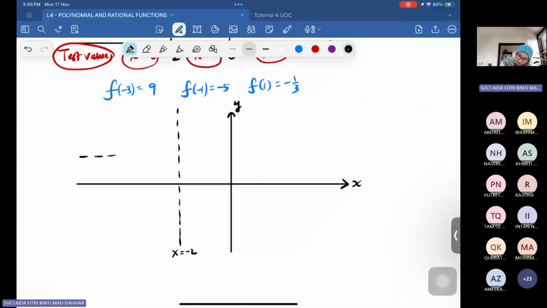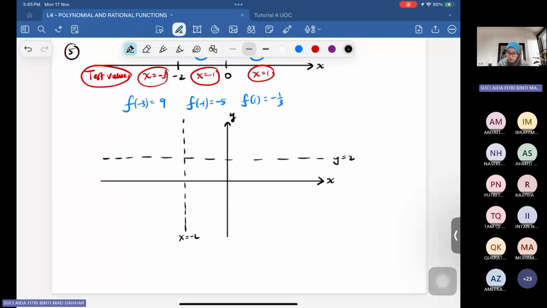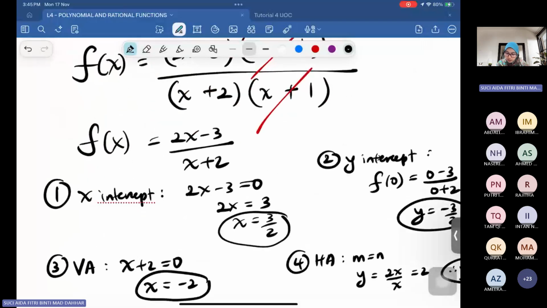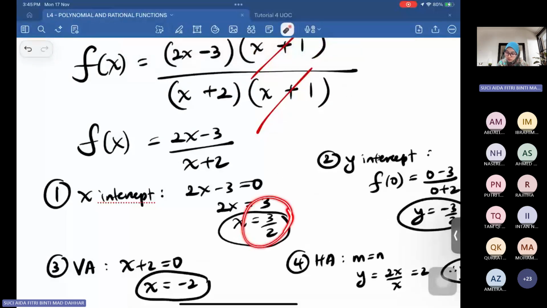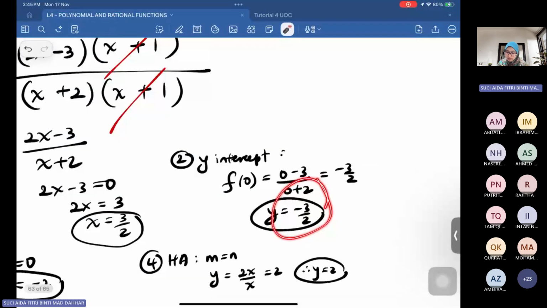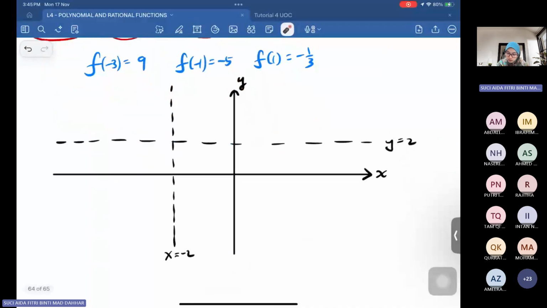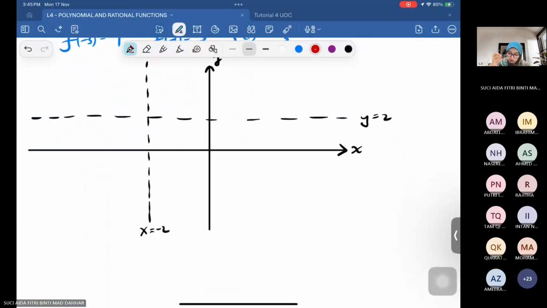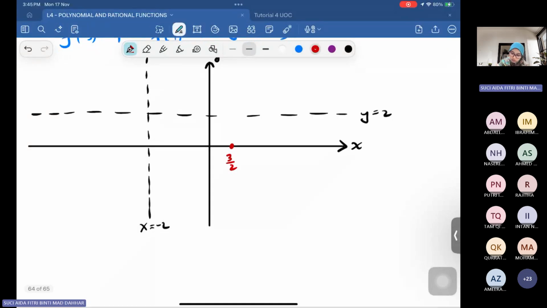This is my y equals to 2. And then just mark. Note that you're supposed to cut x at 3/2, cut y at negative 3/2. Would be somewhere x at 3/2 and cut y at negative 3/2. Right?